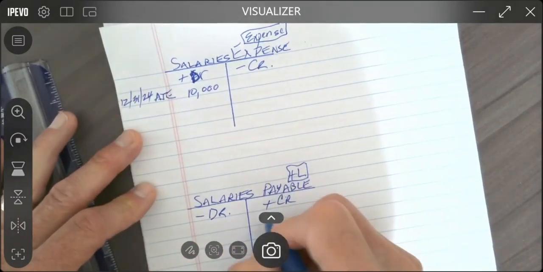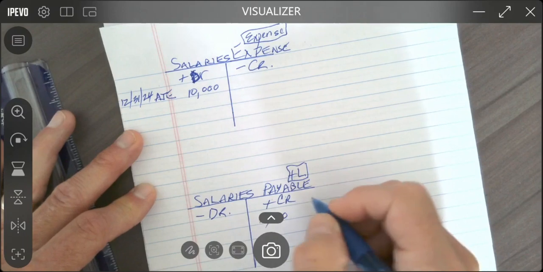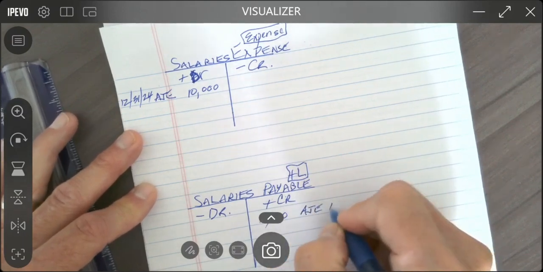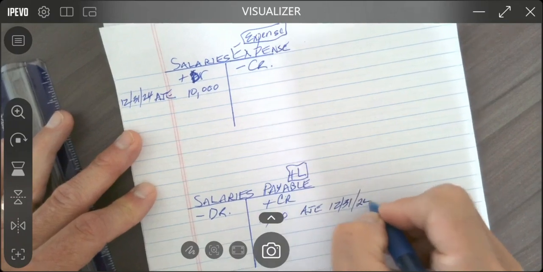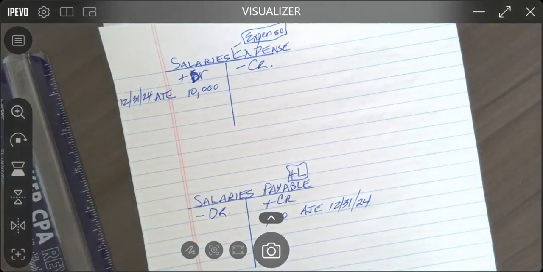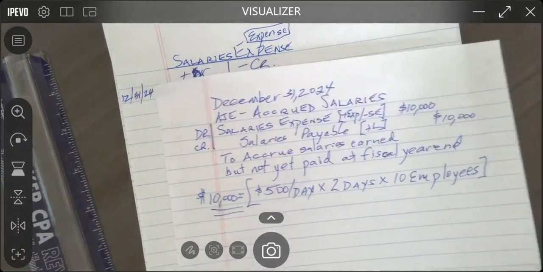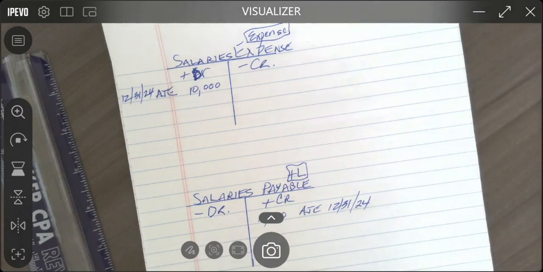And the other side of that is salaries payable. Okay. And so when we look at requirement number 1, prepare the adjusting journal entry to accrue unpaid salaries and post that adjusting journal entry to the affected general ledger accounts, we have done so via that entry and those postings to the general journal.